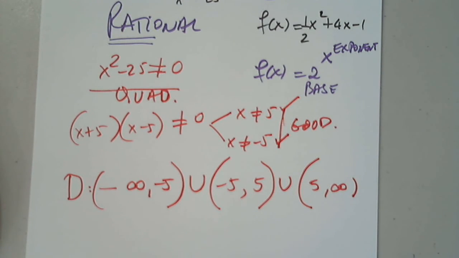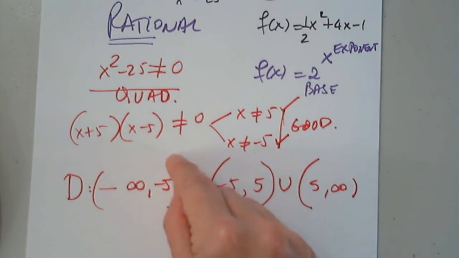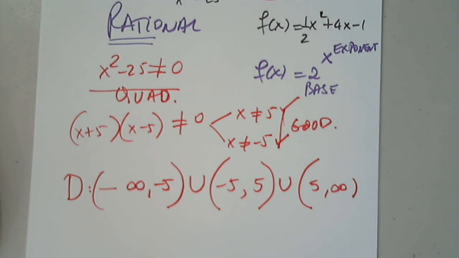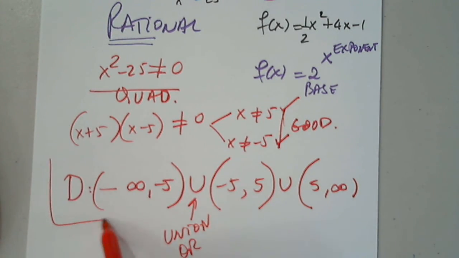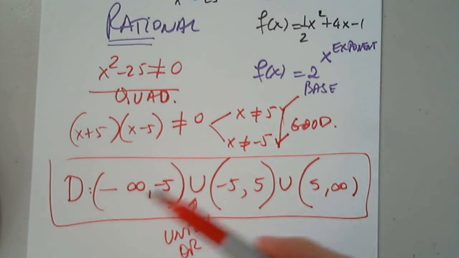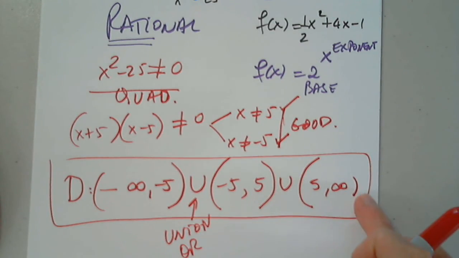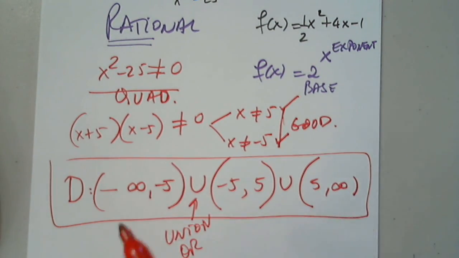Very good question. That's why I said not negative 5. Including means including negative 5. But that's the problem. We have to exclude those. Good question. Thank you. What does the U stand for? Union. Union. Or. That's how we present the interval notation. In other words, you can pick x here, or here, or here. Anywhere here, you can pick x and the function exists.